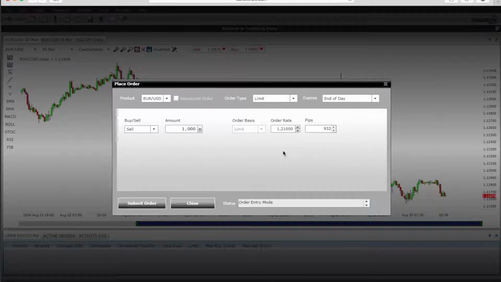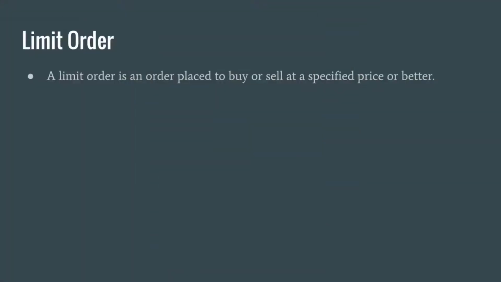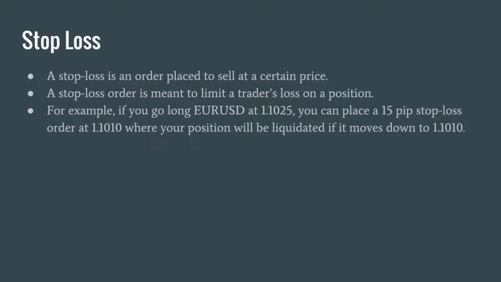Therefore, the euro-dollar pair which you already own will be sold automatically once you hit submit. Once you submit this limit order, your order will be executed at this price that you input. So that is a limit order, and then the next type of order we'll cover is a stop loss order.